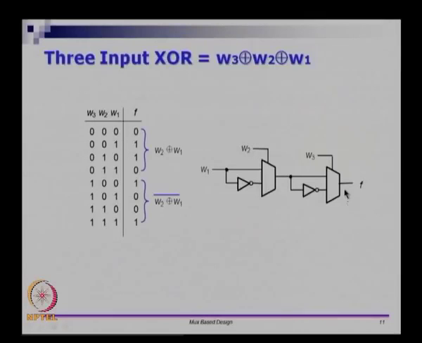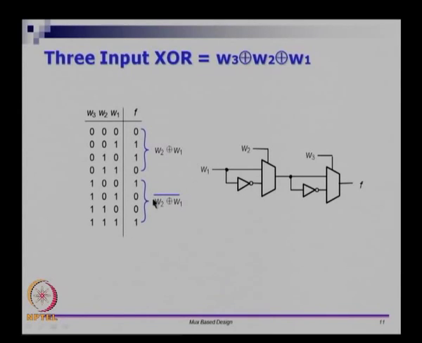Now we can take this and write it up. When W3 is 0, I want W2 XOR W1. When W3 is 1, I want W2 XOR W1's complement.